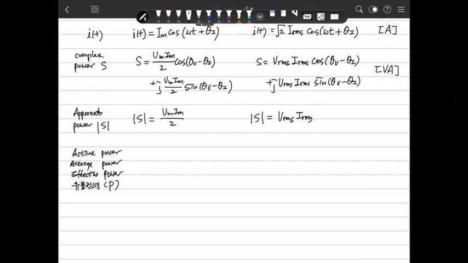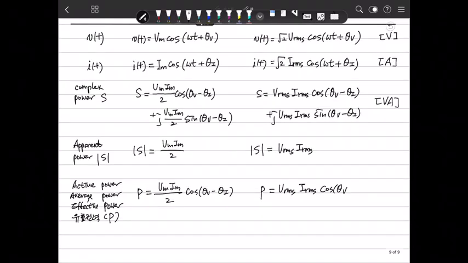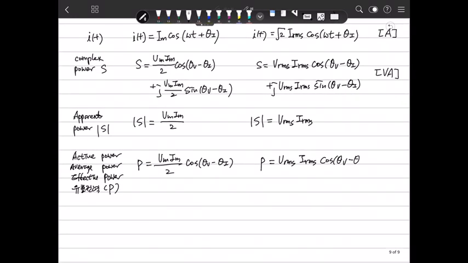P is Vm Im over 2 cosine theta V minus theta I. So P can be represented in the RMS values as V RMS I RMS cosine theta V minus theta I. Actually, the unit of the apparent power is volt ampere, VA.